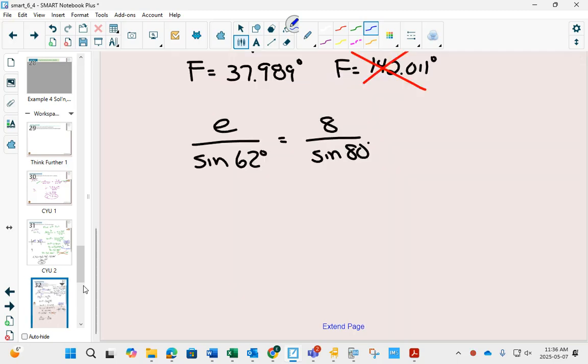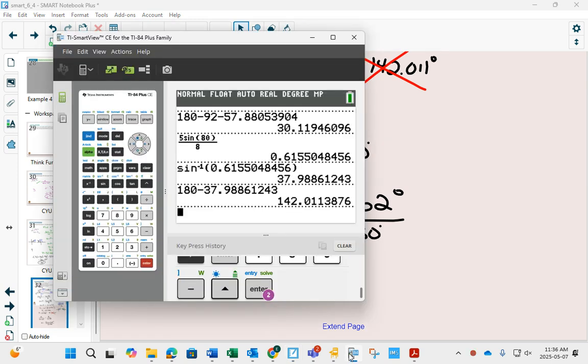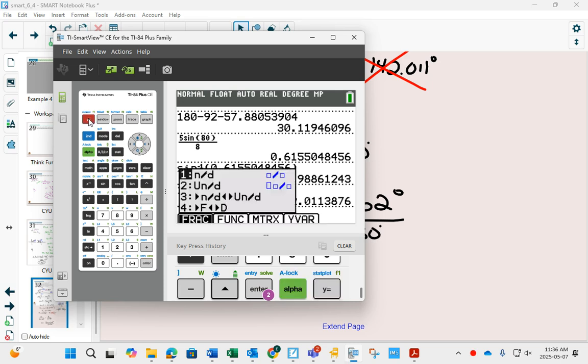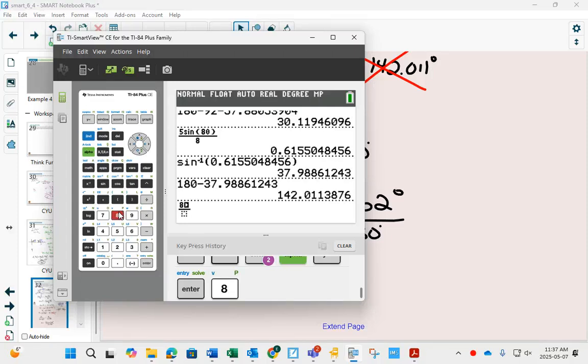And I can multiply both sides by sine of 62. Use my fraction button on my calculator. 8 sine 62 over sine of 80.